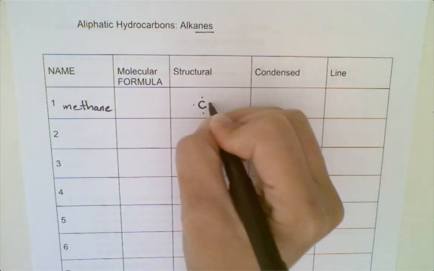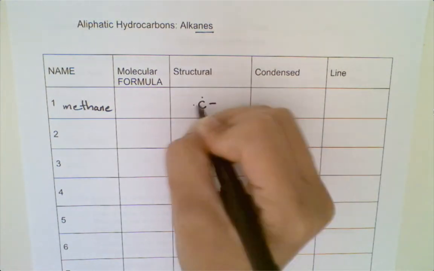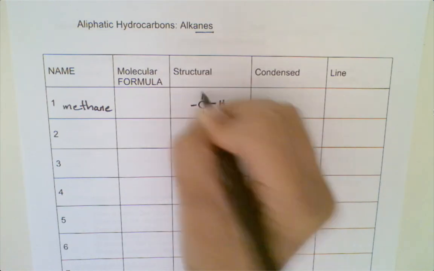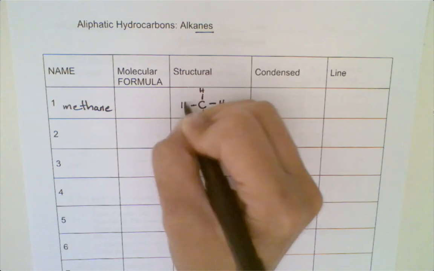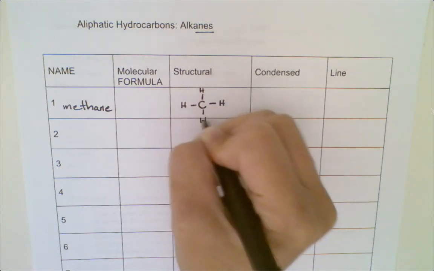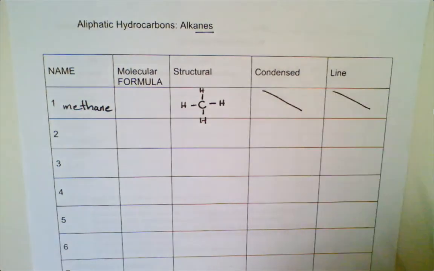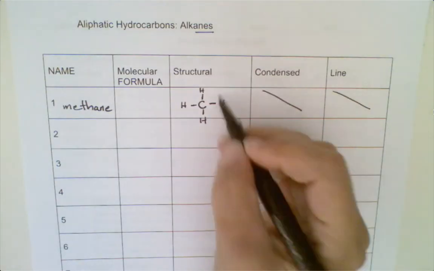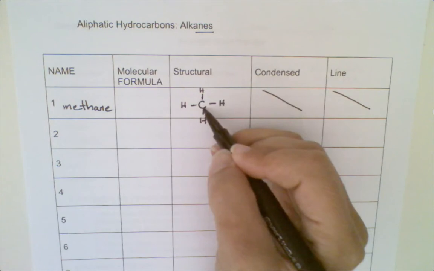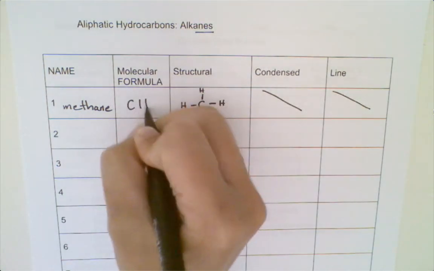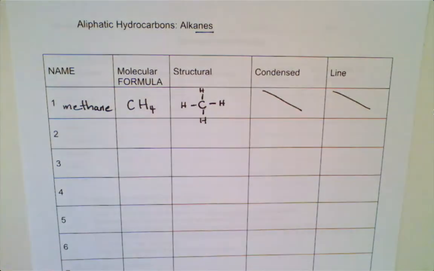And because they're all single bonds, I'm going to put a bond, and we're going to link hydrogens to the end of those. Okay? Now, there is no condensed structure or line diagram for methane. When I do the molecular diagram, I see that there's 1 carbon, 4 hydrogens. So the formula is going to be CH4.